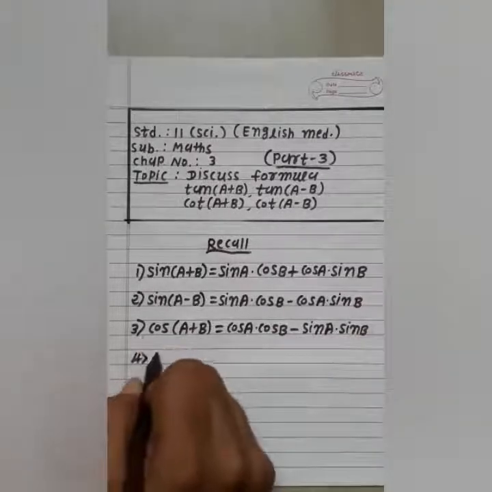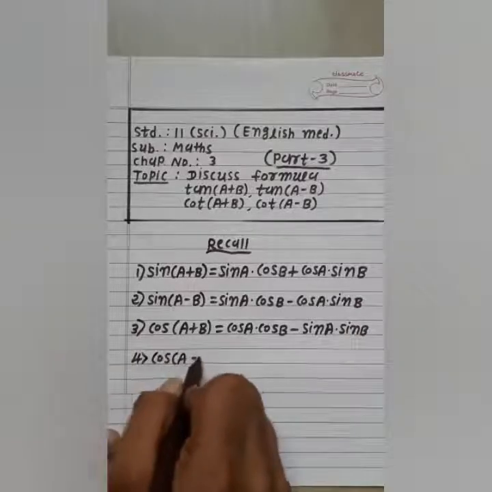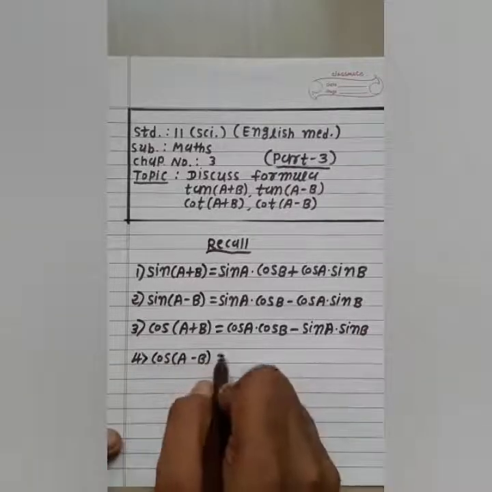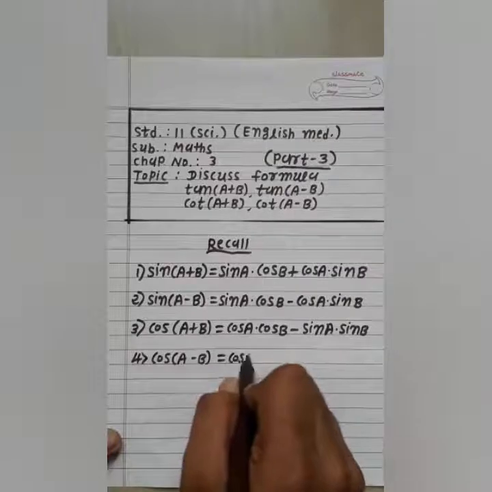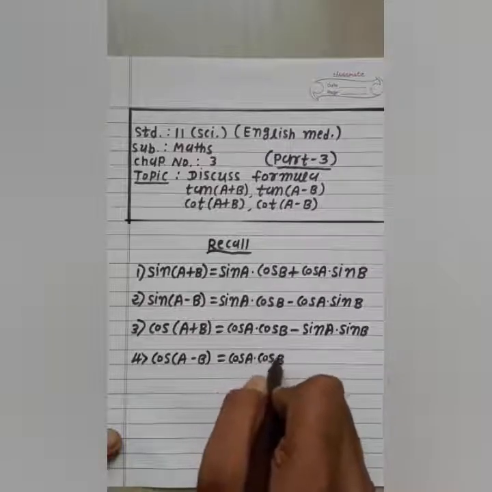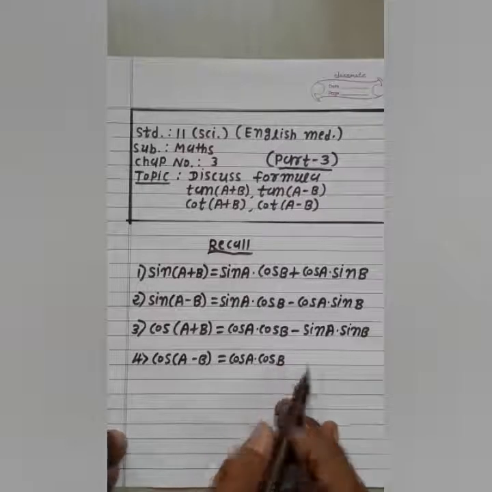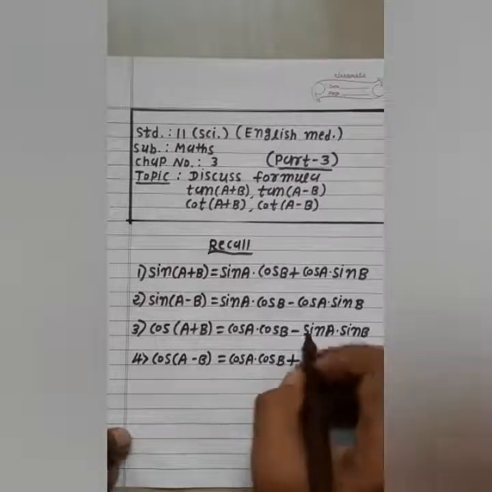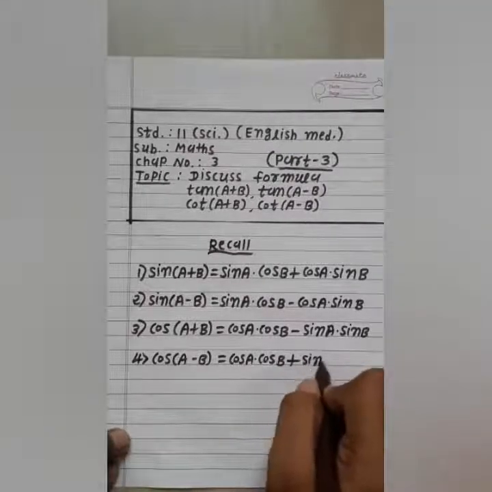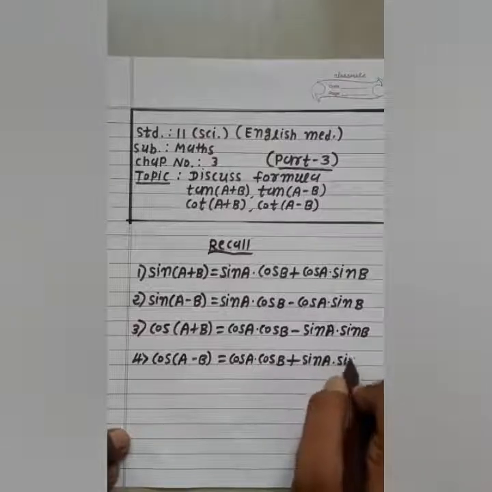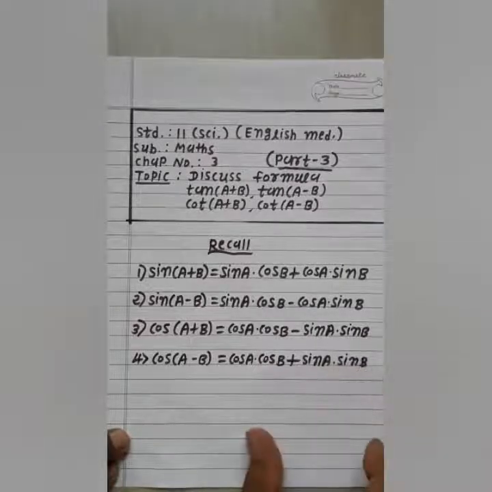And cos(a-b) is equal to cos a into cos b. Here a minus sign is present, so here we write a plus sign. So plus sin a into sin b.